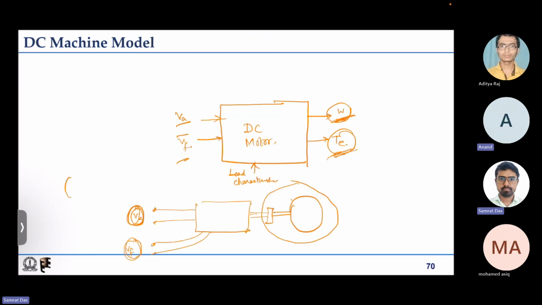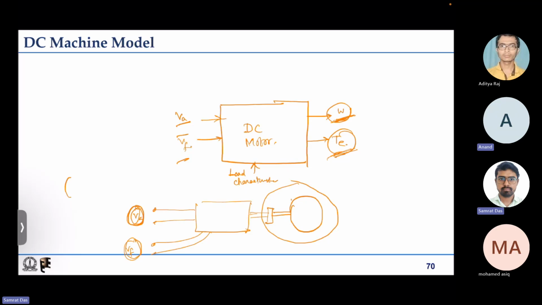A small question. Whenever I apply the armature voltage or input voltage to my motor, inductance comes into the picture for a small amount of time, you told. Will the inductance be constant throughout the operation, however much voltage I apply? Yes, the inductance value will be constant throughout unless it goes into saturation.